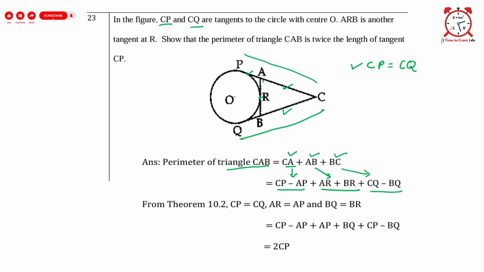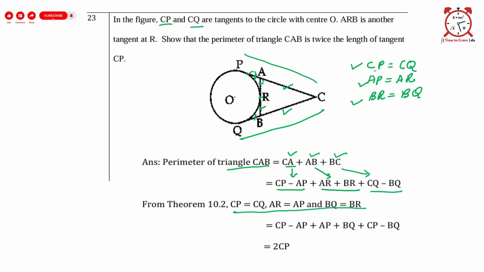Now this fact, CP equal to CQ, and here also you can see that these tangents are equal, means PA equal to AR, AP equal to AR. Same way BR equal to QB or BQ. As per requirement we will replace the values from these three equations.